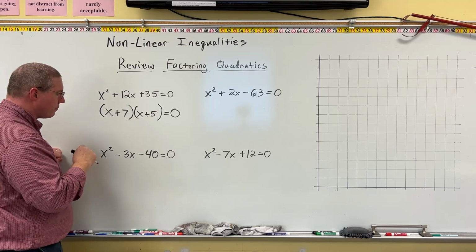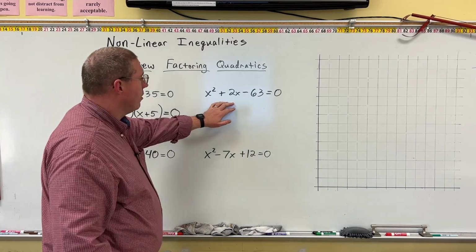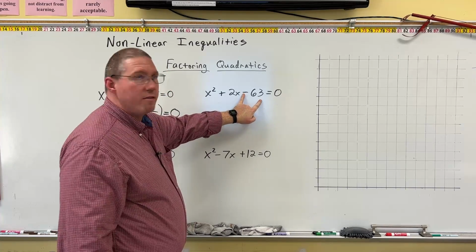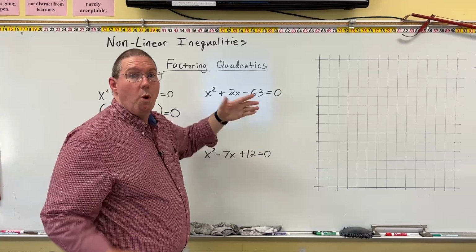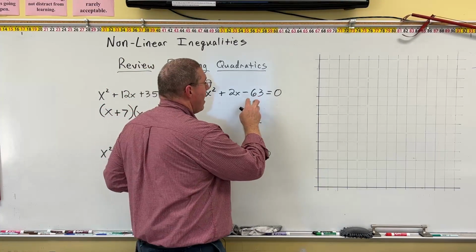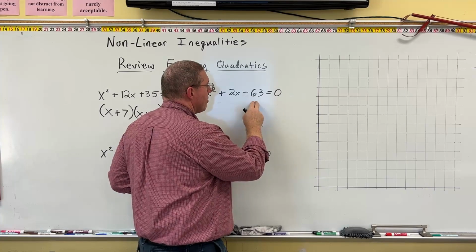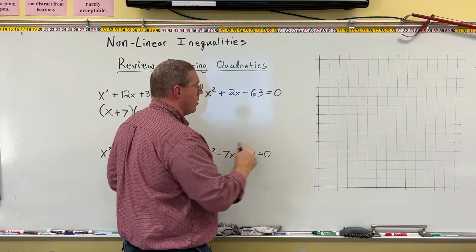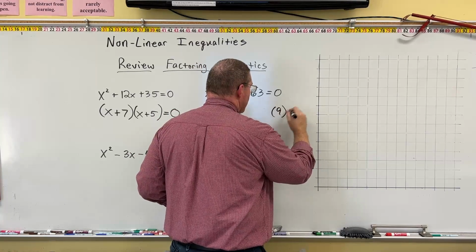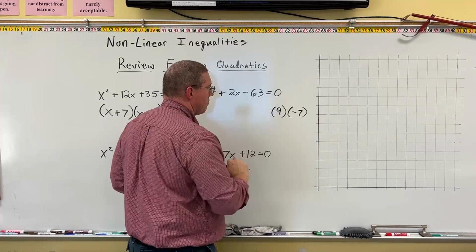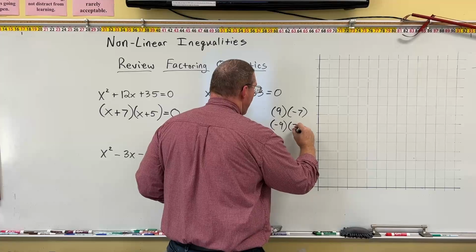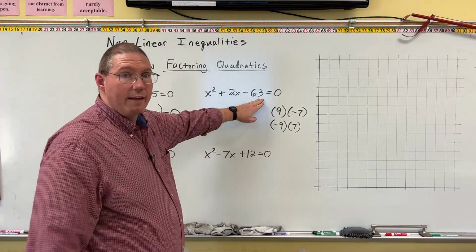This next one is a little different because the product is negative 63, and because it's negative, it must be one positive number and one negative number. We know that negative 7 times positive 9 equals negative 63, but negative 9 times positive 7 also equals negative 63.